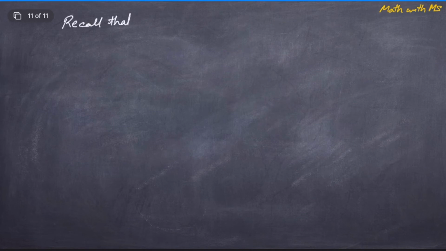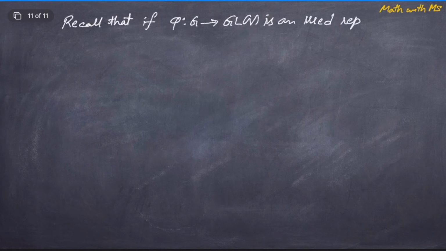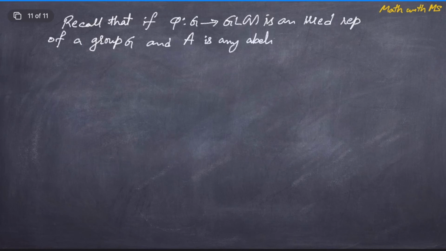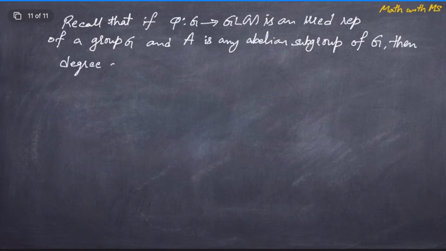Recall that if phi from G to GL(V) is an irreducible representation of a group G, and A is any abelian subgroup of G, then the degree of the representation phi is at most the index of A in G, the cardinality of G mod A. We are of course assuming our groups are finite.